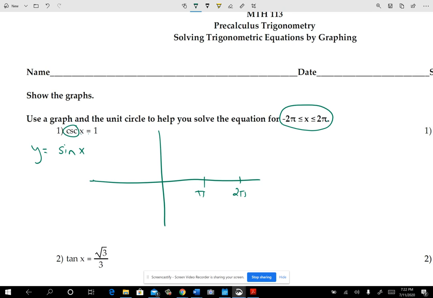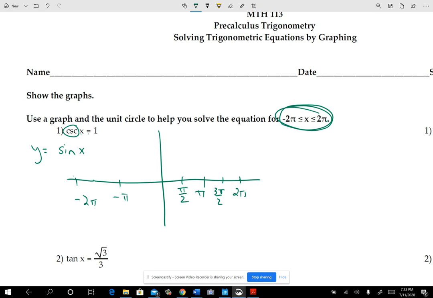Let me also get negative 2 pi on here since we have to solve from negative 2 pi. And then for sine, the beginning point is 0 and the ending point is 2 pi. And we'll also want these halfway points, so that's pi over 2 and 3 pi over 2.